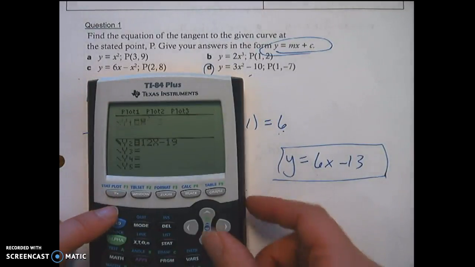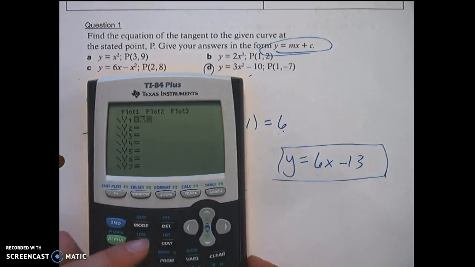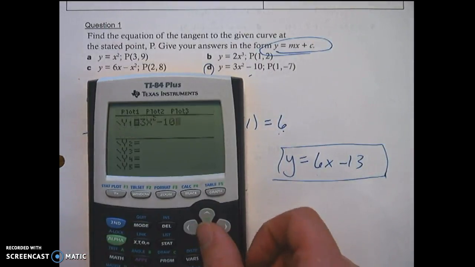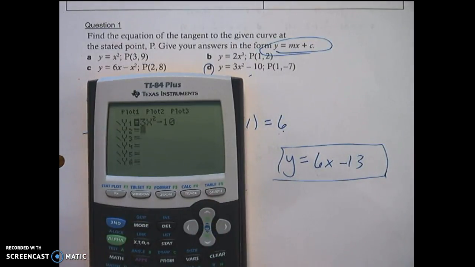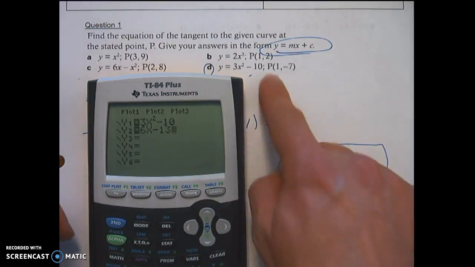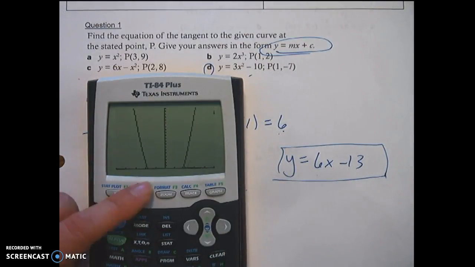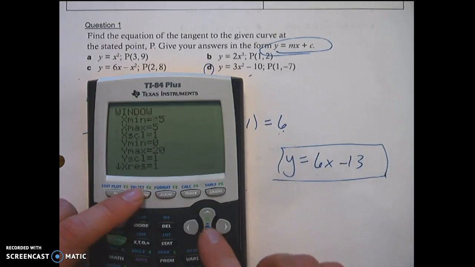Now what I always like to do, to double check my work, is go to my calculator and graph the equation that was given to me, 3x squared minus 10. I graph the tangent line, 6x minus 13, and then I look right around x equals 1 to make sure that it actually looks like a tangent line at x equals 1. I'm going to have to adjust my window so that you can actually see it.